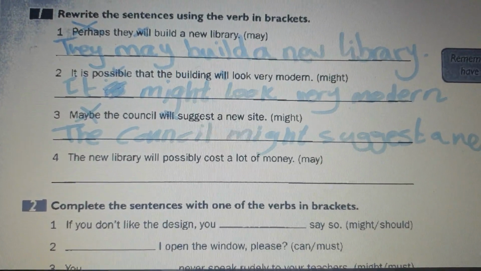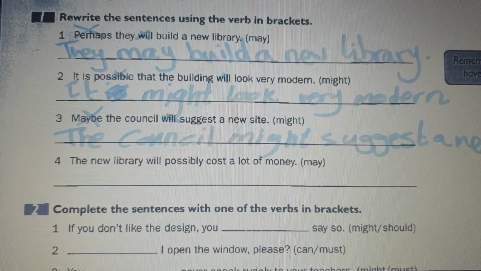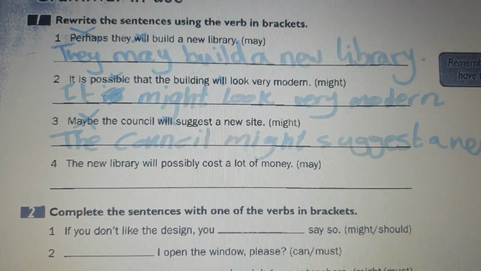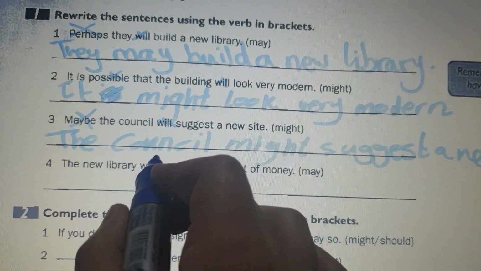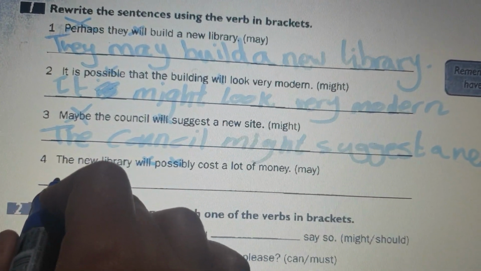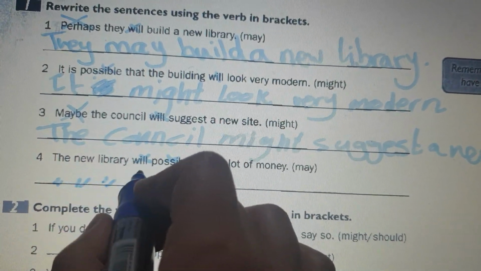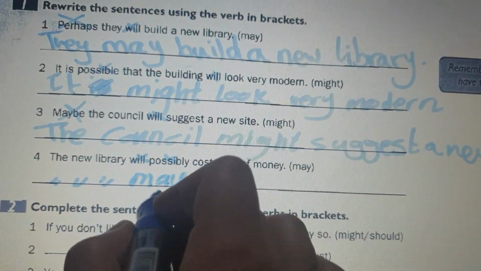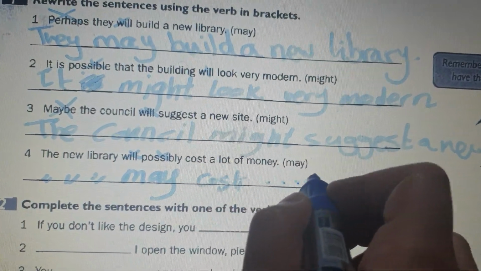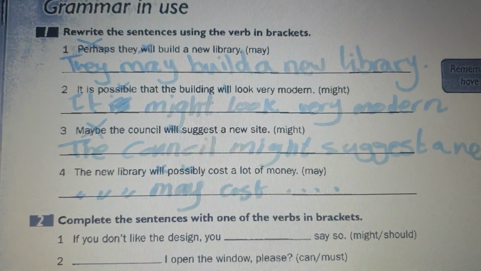Number 4, the new library will possibly cost a lot of money. Will and possibly, the new library may cost a lot of money.